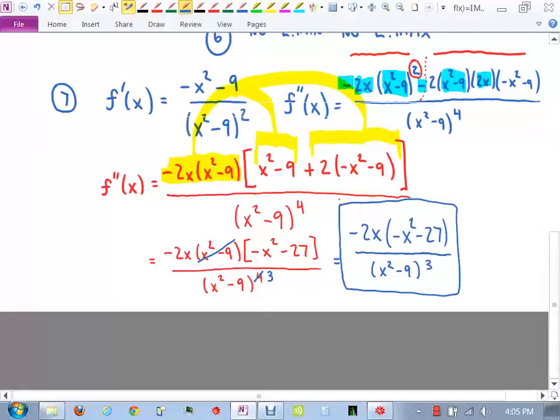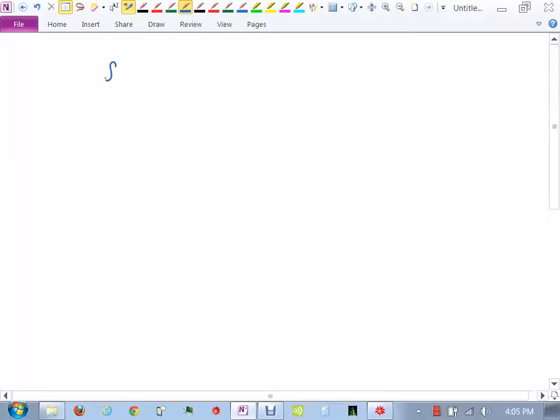And we'd like to know where this is undefined and where it's 0, right? I'm going to move to another page. F double prime x equals negative 2x times negative x squared minus 27, over x squared minus 9 cubed.